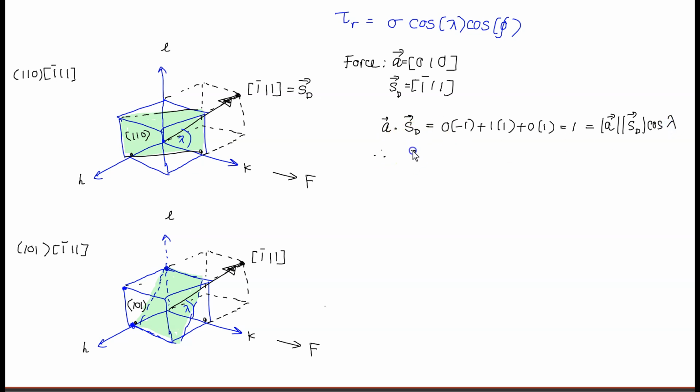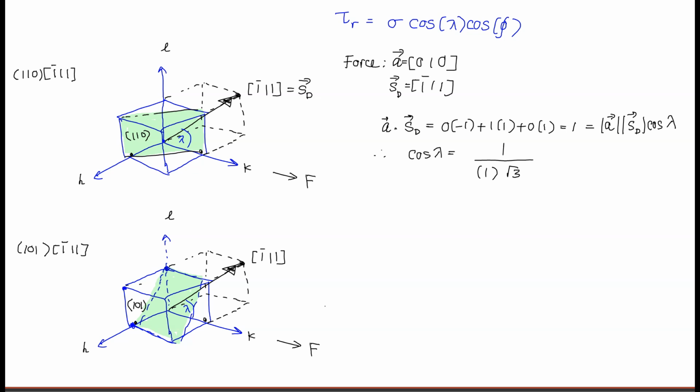So therefore, we can see that cosine lambda is 1 divided by the size of A. The size of A is just 1. The size of S sub D is root 3. So now we see that cosine lambda is 1 over root 3.